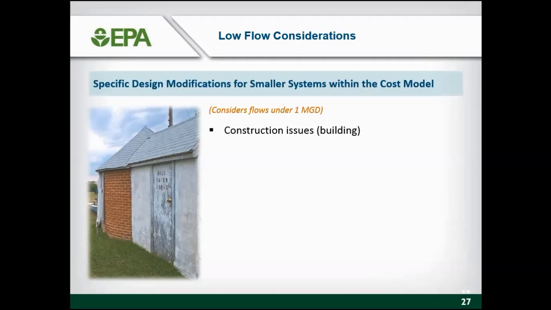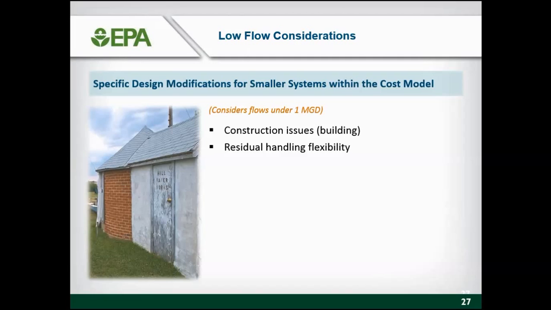If you're under, say, 500 square feet, you can use a prefab building for a small system, and that wouldn't apply in the costing of a large system too much. Now, I should say that you can use it for small systems unless you're using something like chlorine, and then you won't be able to use a prefab building for a chlorine application.